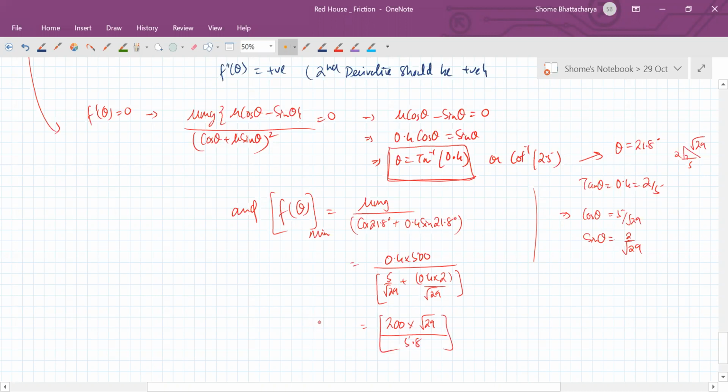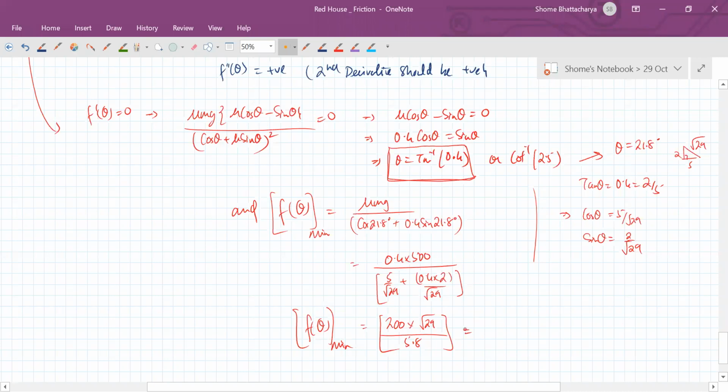So this is the minima of this function. And when you calculate this, you will get the same value as we got earlier.